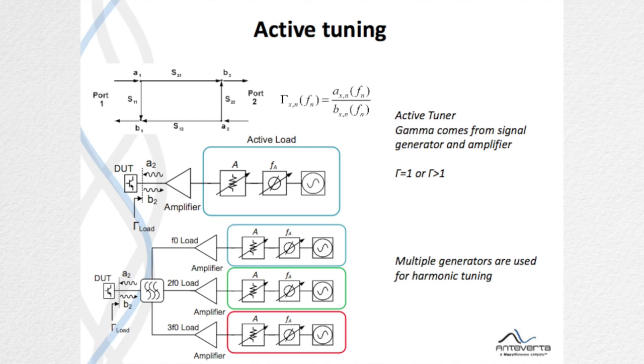You have an amplifier here, so in principle you can achieve any gamma, even bigger than unity. And harmonic tuning is fairly straightforward with active tuners. You have a frequency multiplexer, and by having multiple signal generators, you can tune 2 or 3 frequencies completely independently.